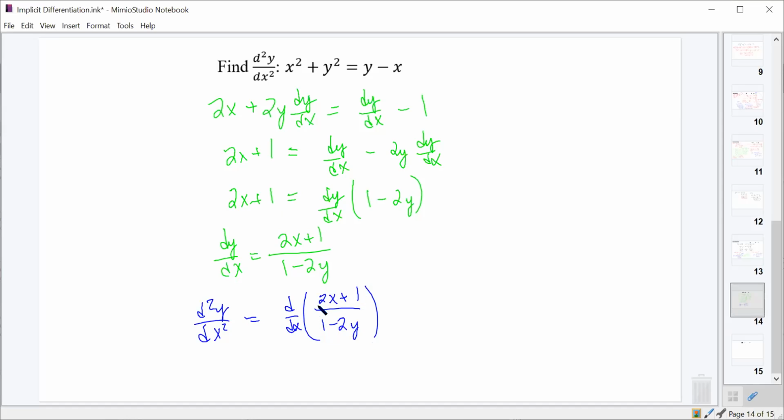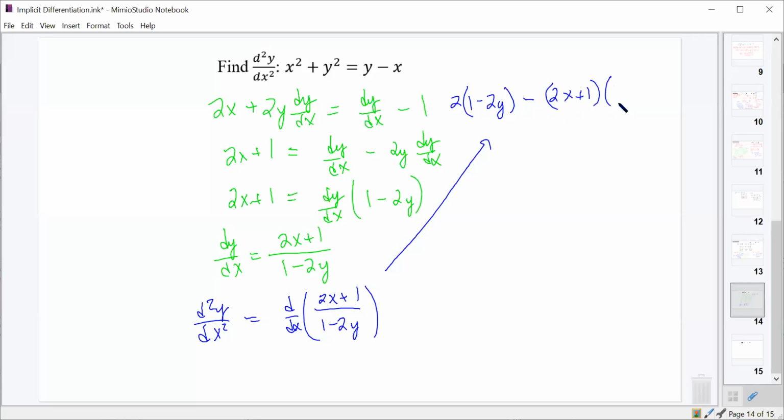Quotient rule. So it should be 1 minus 2y, our denominator, times the derivative of our numerator, which is 2, minus the numerator times the derivative of our denominator.